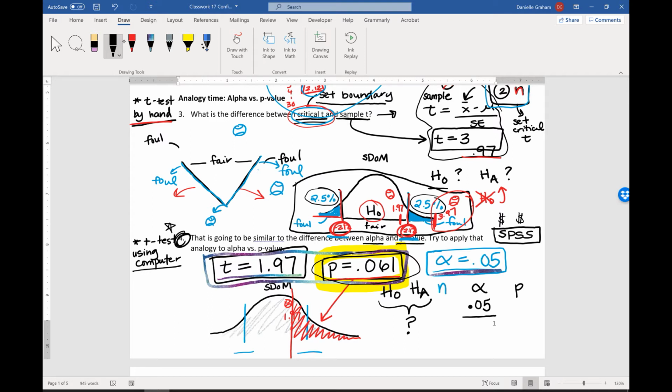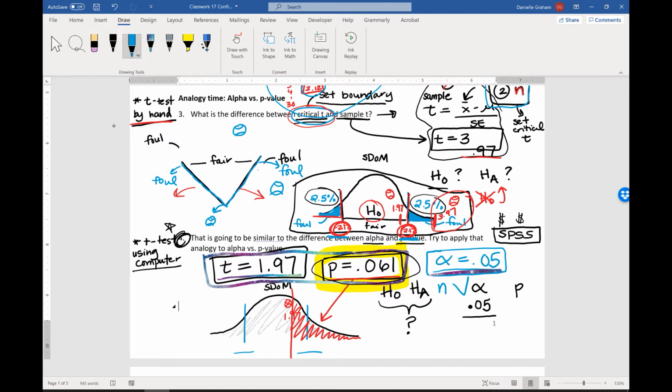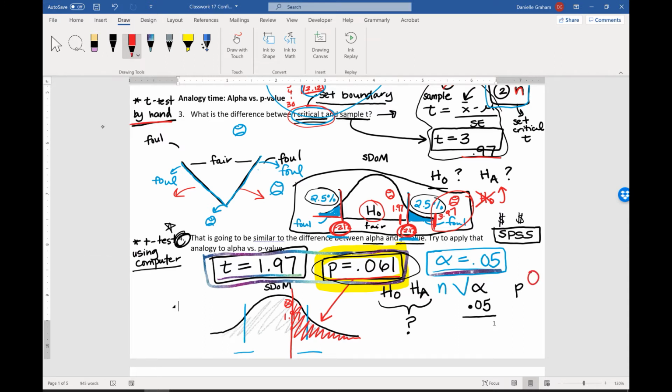The alpha is our foul lines, right? This tells us in or out. And then the p-value, this is our baseball. What p-value did we get based on where we hit based on our sample? So in this case, our p-value is 0.061.